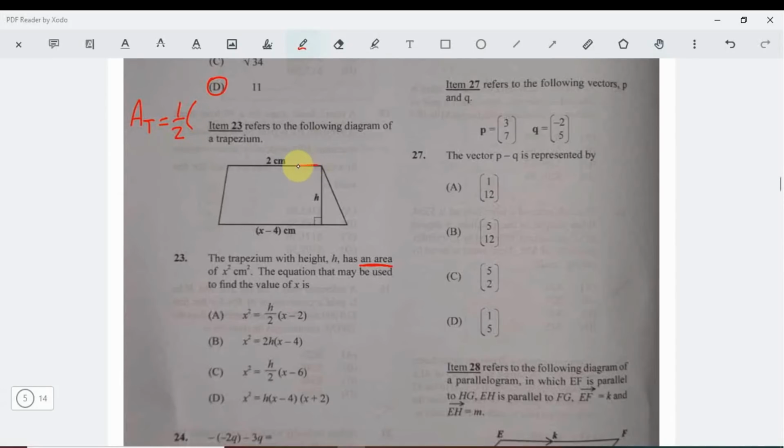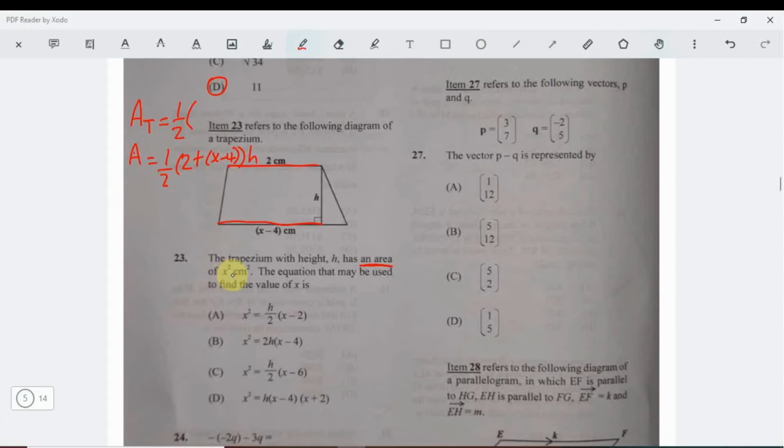The parallel sides here are 2 and x minus 4. So the area is equal to a half in bracket 2 plus x minus 4, and then that is multiplied by the height h.